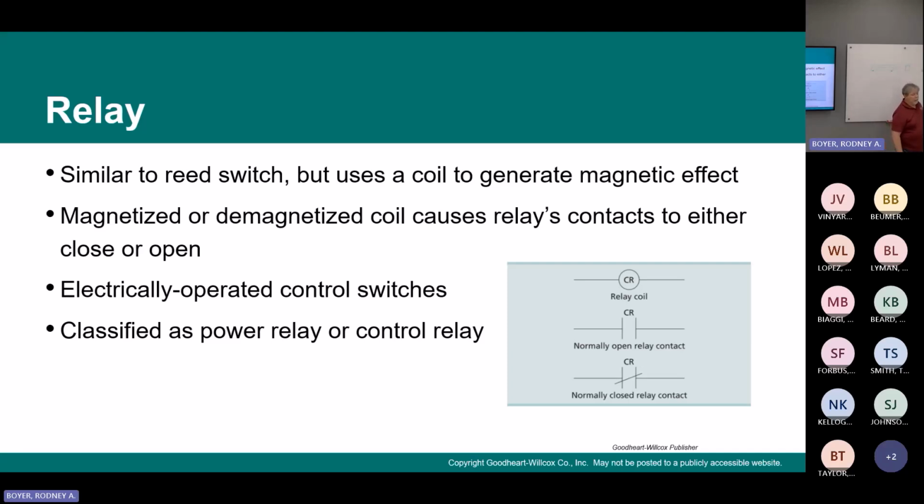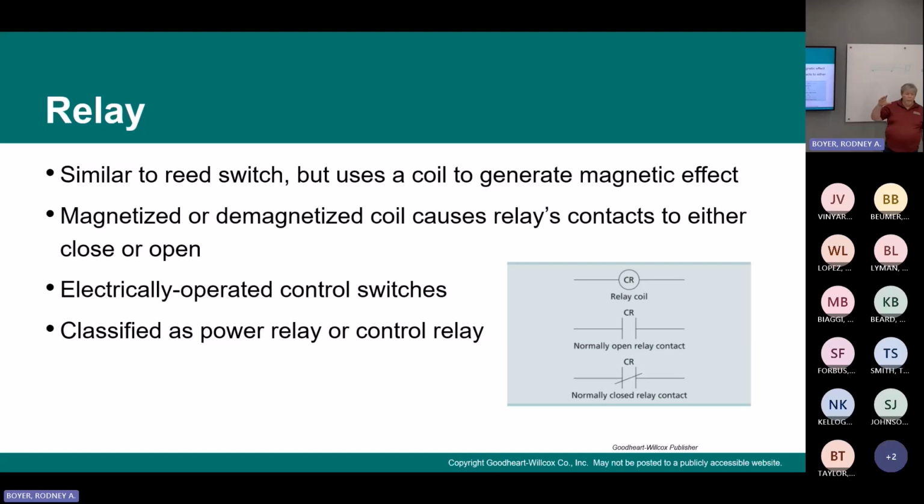You have a coil of wire. Whenever you apply an electric current to it, it generates a magnetic field. The magnetic field attracts contacts. They're current carrying. So when you energize the coil, the contacts that are associated with said coil change state.